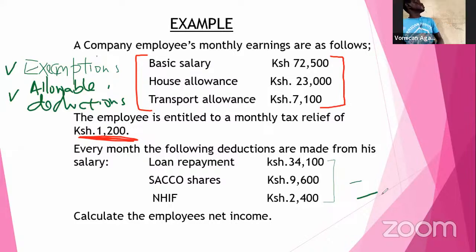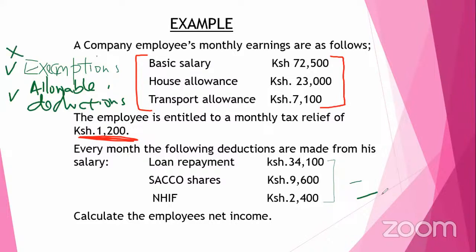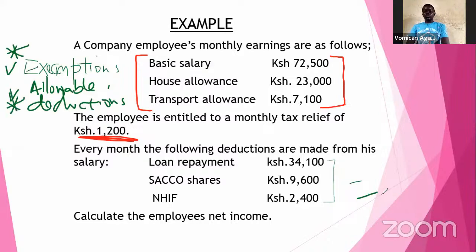I would have taken basic salary, house allowance plus transport allowance, minus exemptions, minus allowable deductions. But they don't need both to be there. They can be in the question, they can be missing. You can have one, to arrive at the taxable income.